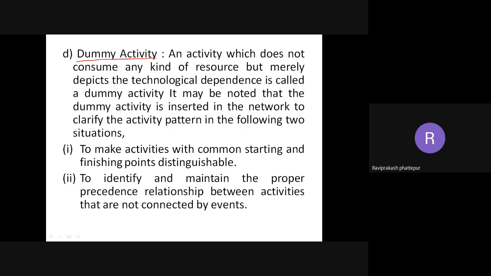Second, to identify and maintain the proper precedence relationship between activities that are not connected by events. For example, after plumbing and the electrician's work, only then can the painter start his work. How will we show this?